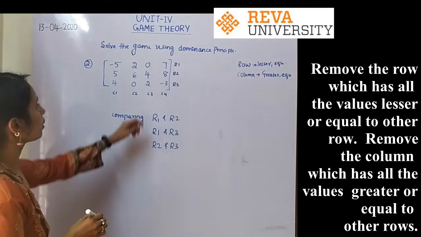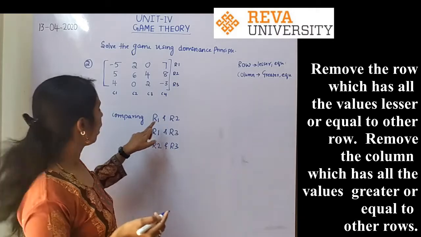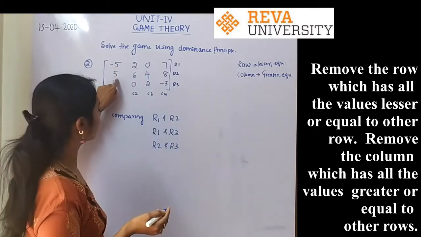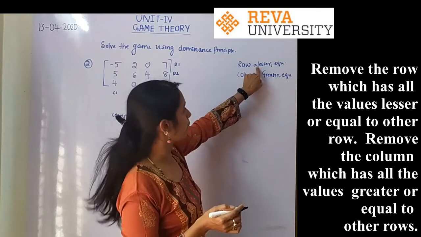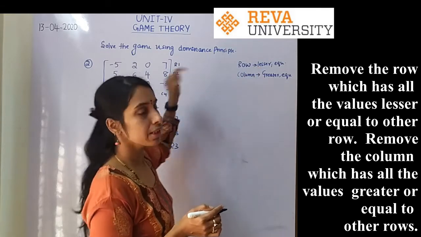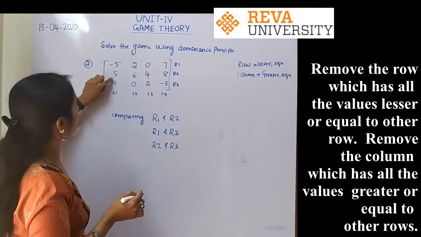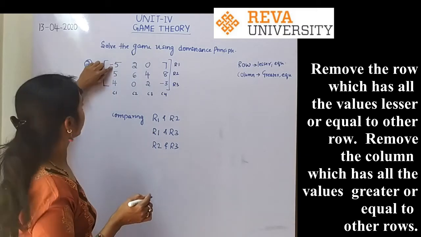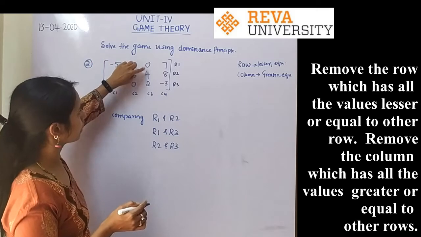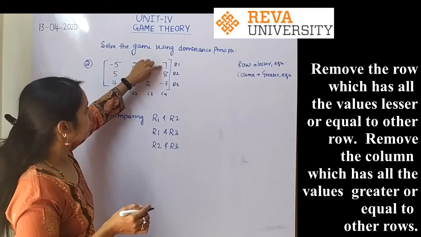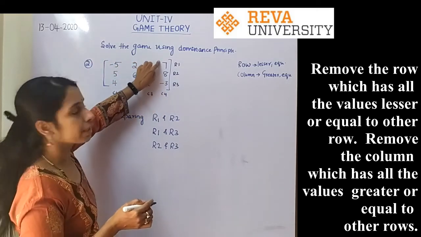Now start comparing R1 with R2. Since it is a row comparison, we look for the lesser values. -5 is less than 5, 2 is less than 6, 0 is less than 4, 7 is less than 8.